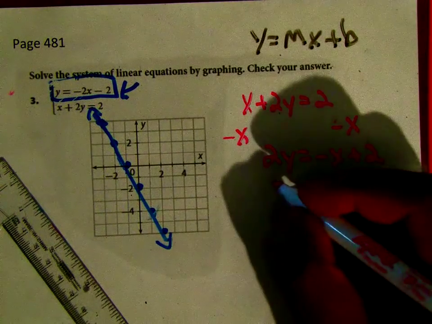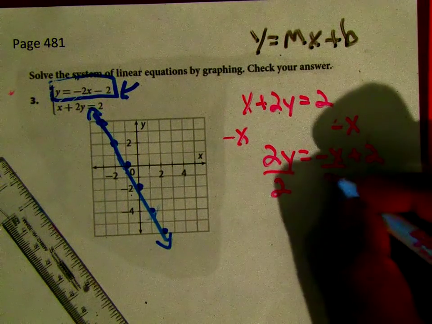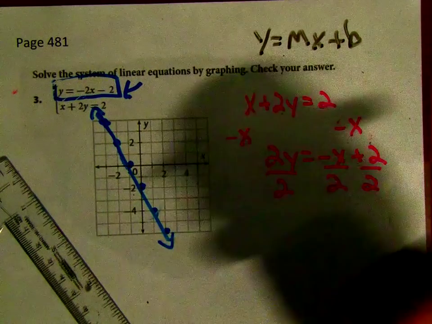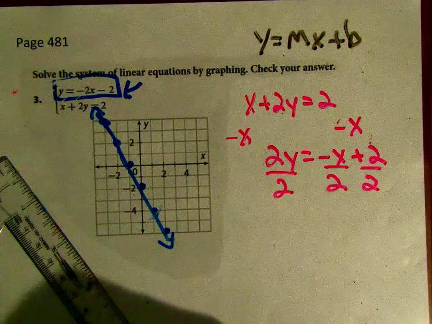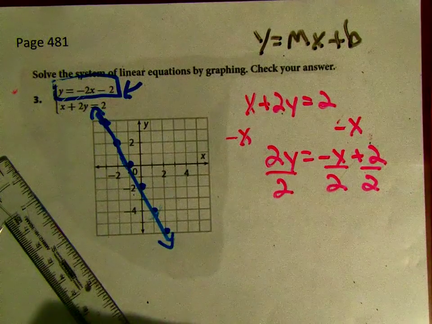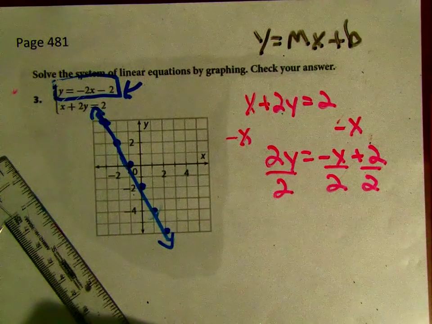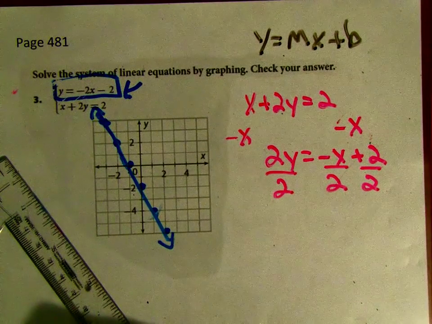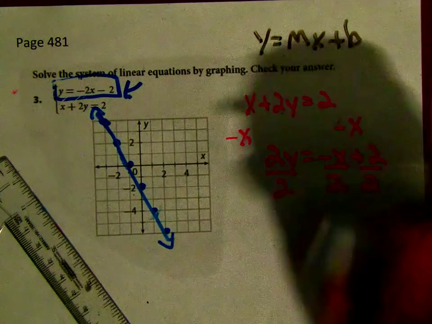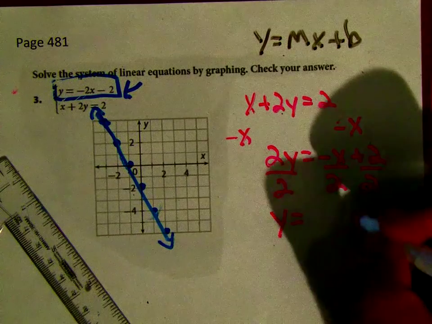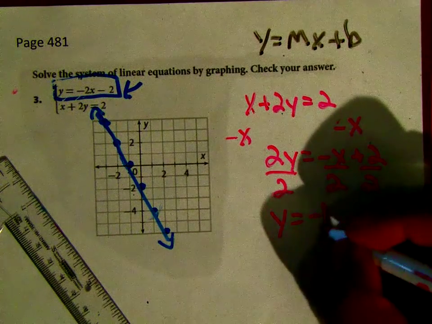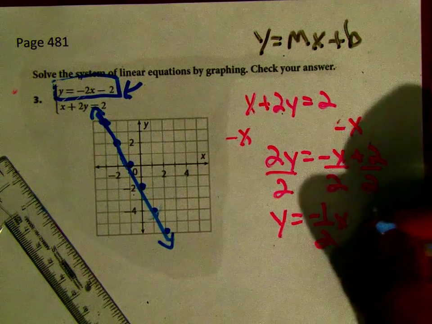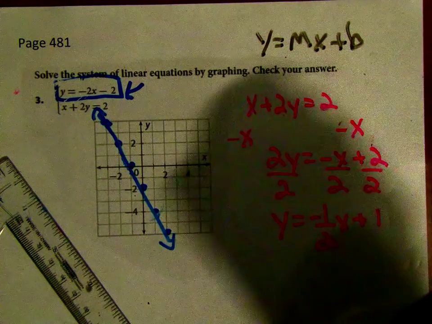Next, I'm going to divide by 2 on each term. Once I do that, I'll end up with y is equal to -1/2 x plus 1.